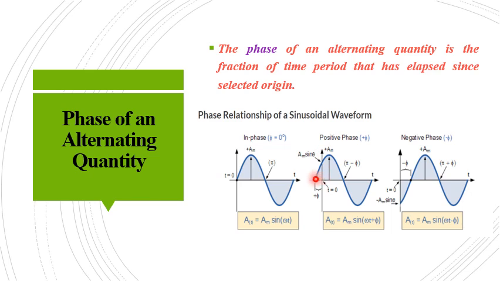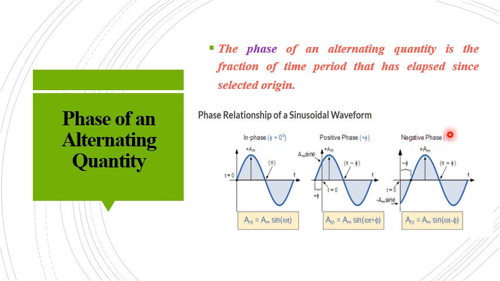Here your selected origin is this point where your waveform is starting, and we have to calculate the phase at t equal to 0. So here we can see that 5 degrees has elapsed since the selected origin. So here the phase is positive and that is equal to plus 5.